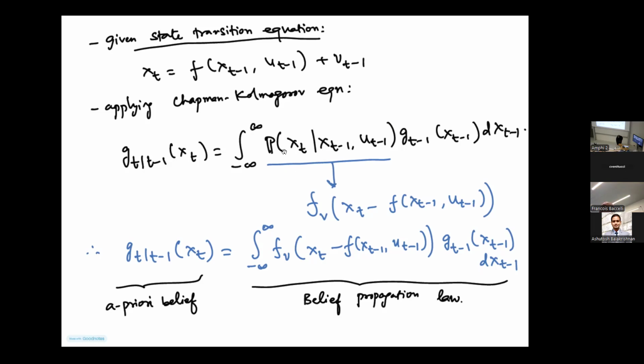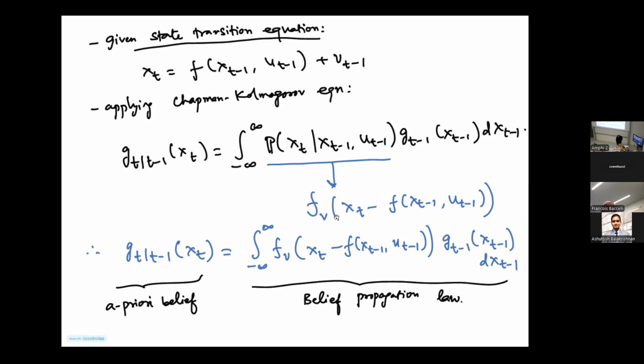And this transition probability actually comes out to be the PDF of the noise at xt minus the function at t minus 1. So the idea is that the function of xt-1 and ut-1 is a deterministic value, and this is basically the PDF of noise, which is the process noise in this case.